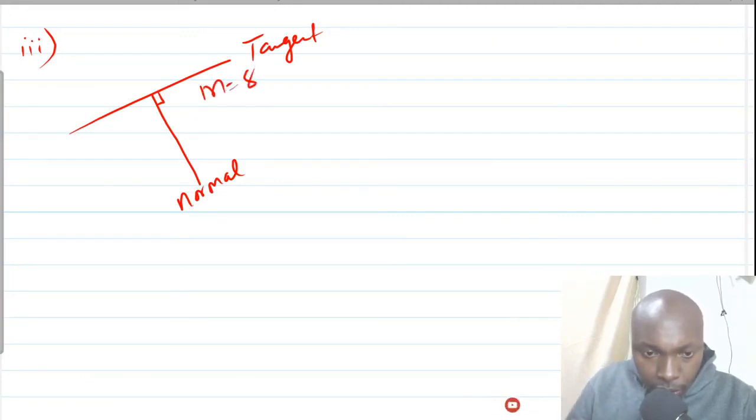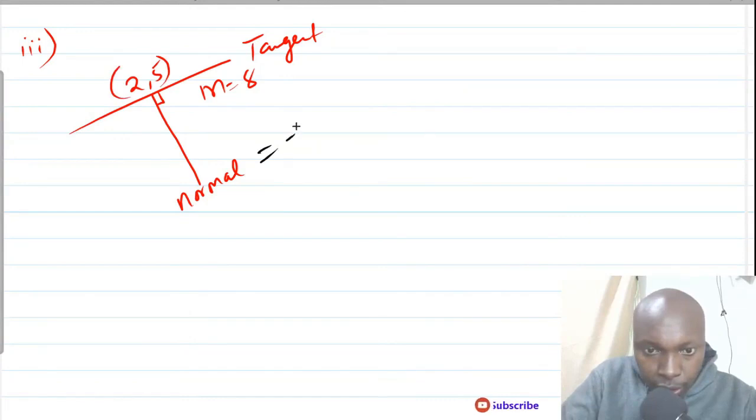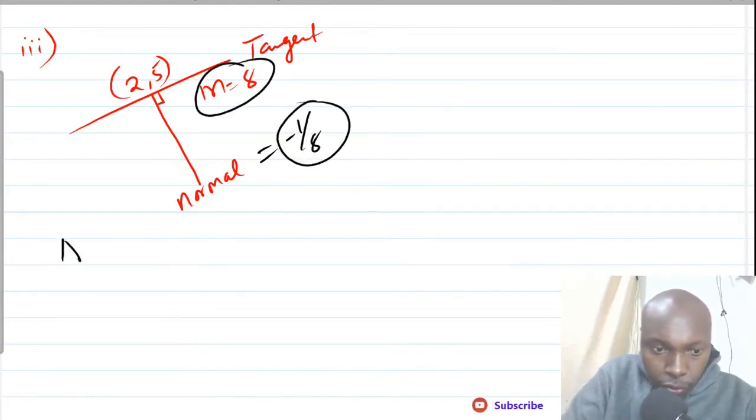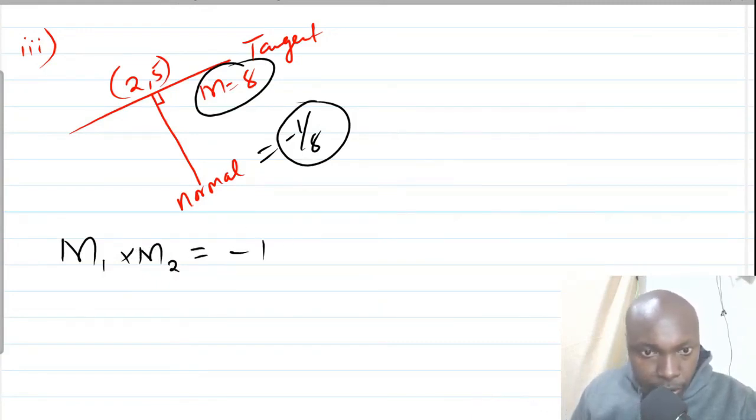So the normal, the line perpendicular to the tangent at the point (2, 5), will have the gradient of -1/8. Why? Since when you have two lines that are perpendicular to one another, the product of their gradients should be -1. So if the gradient of the tangent is 8, the gradient of the normal should be -1/8.